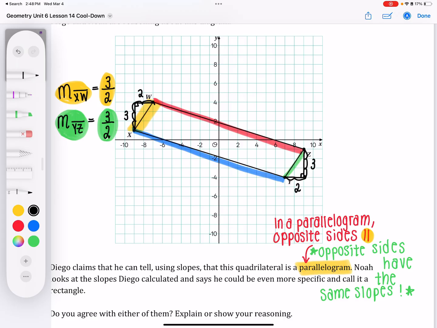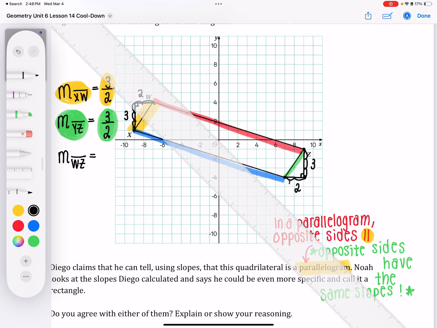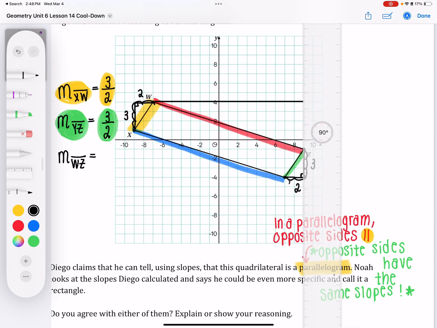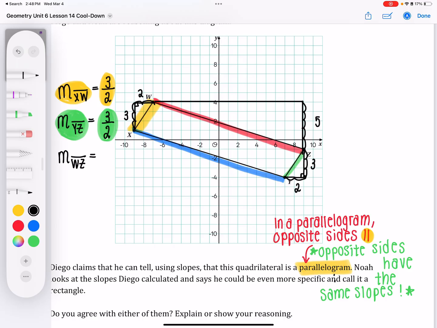Now let's take a look at the slope of line segment WZ. I'm going to draw that right triangle here, and we're going to calculate rise over run. So we have rise 1, 2, 3, 4, 5. And actually I'm going down 5, so it's going to be negative.